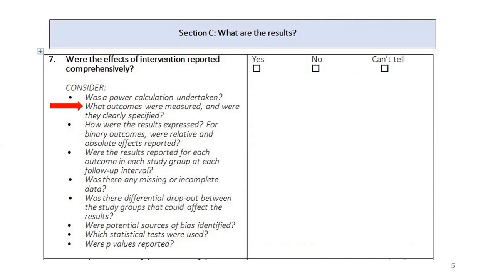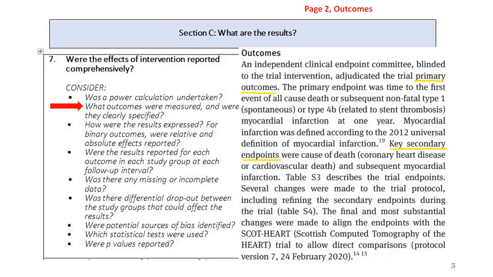Next is, what outcomes were measured and were they clearly specified? If you go to page number 2, in the outcome section, they have divided it into the primary outcome and the key secondary outcomes. The primary outcome is all-cause death or non-fatal myocardial infarction.